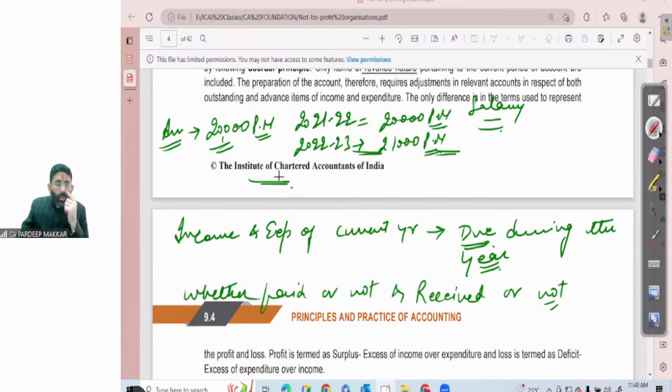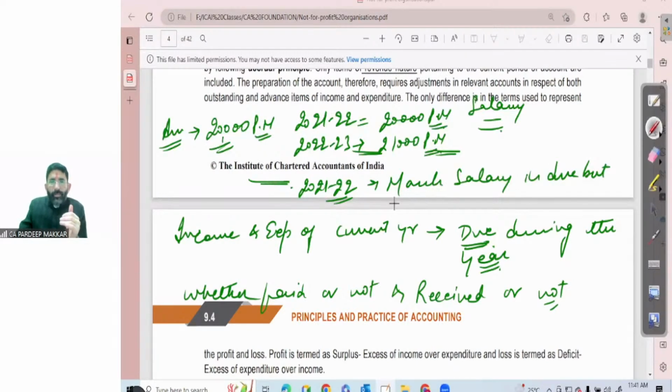Now, this is well known to us that we are paying salary always in the next month. So what will happen in 21-22 accounts? We have not paid the salary for the month of March. March salary is due but not paid, hence treated as outstanding salary.